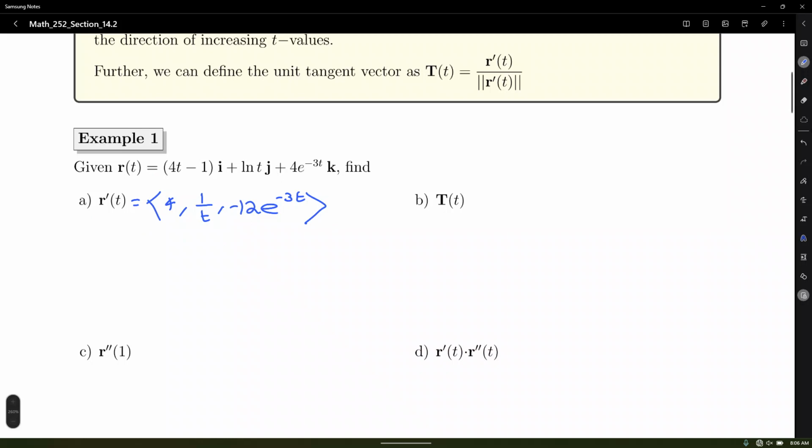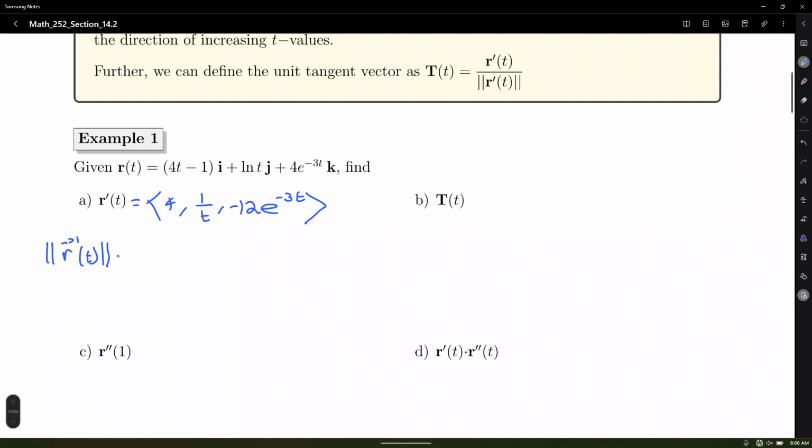Okay, let's get that. So the magnitude of r prime, and again, let me remind you that MyMathLab, our textbook, uses just one single bar for magnitude, which to me reminds me of absolute value. But technically the correct form to represent a magnitude is with a double bar, all right?